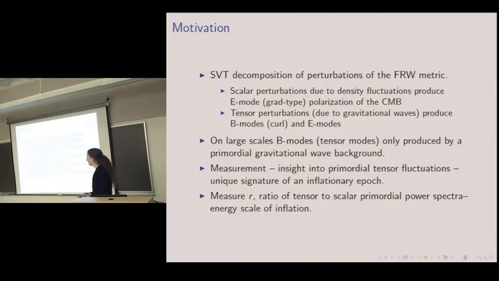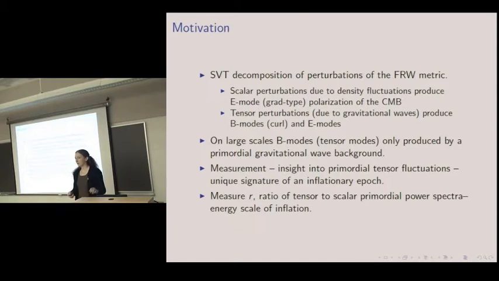So firstly, just a brief motivation, which everyone will already know. If we decompose the FRW metric in the SVT decomposition, we have scalar perturbations, which come from density perturbations in the early universe, and these produce an E-mode type polarization of the CMB. However, tensor perturbations produce both E-modes and B-modes, and tensor perturbations are from gravitational waves.